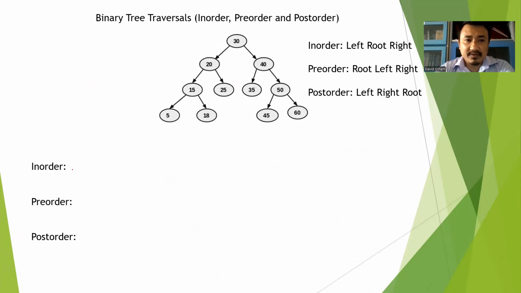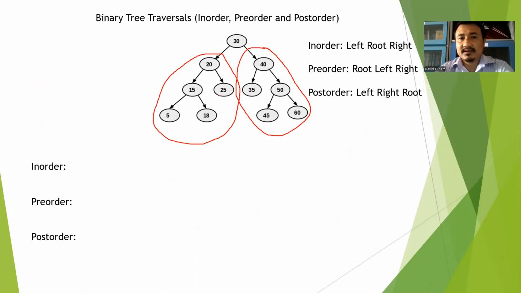So first, we are going to write the in-order of this tree. Here, 30 is the root node. We're considering 30 as the root node; these are the left side of this root node 30, and these are the right side of the root node 30.